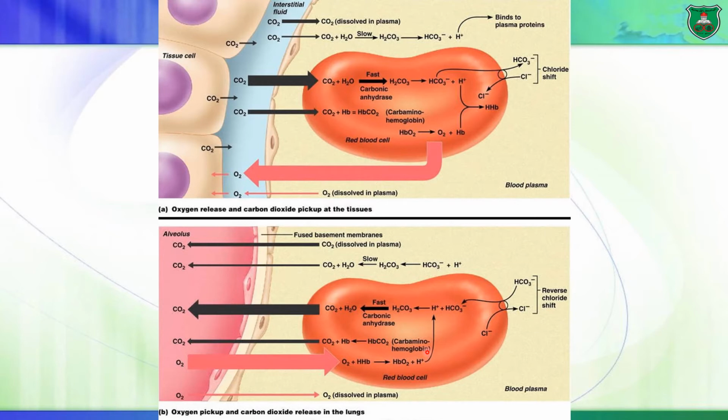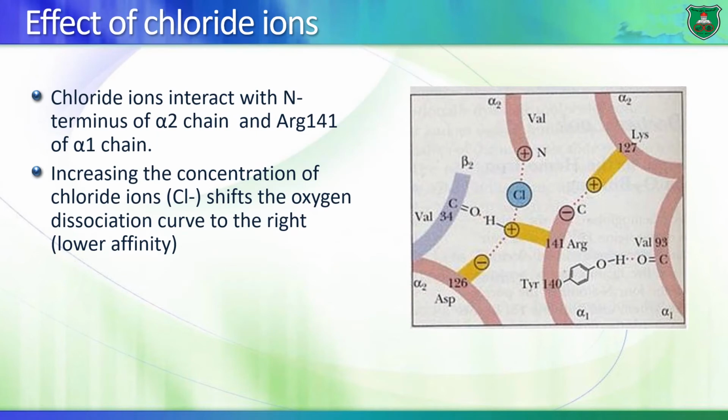So, the question is, is there an effect for chloride on the transition of hemoglobin from the T to the R state and vice versa? And the answer is yes. So here's what happens. This is what chloride ions do. Once they increase in level inside cells, they form electrostatic interactions with the N-terminus of the alpha-2 chain, and chloride ions can also form electrostatic interactions with the R chain of arginine 141 of the alpha-1 chain.